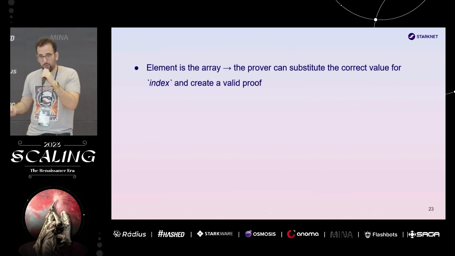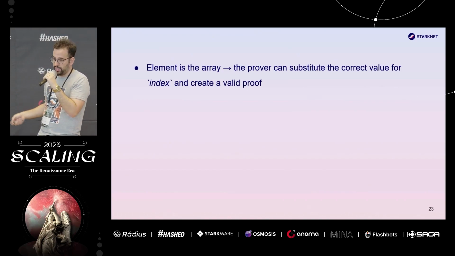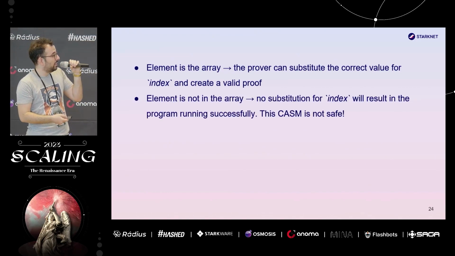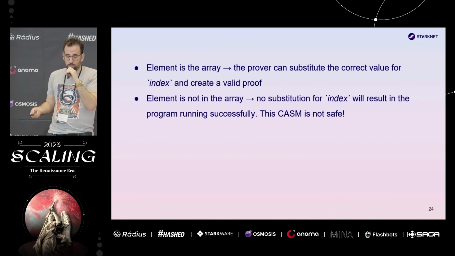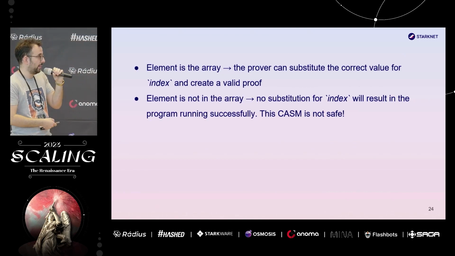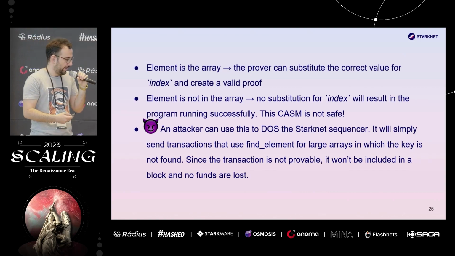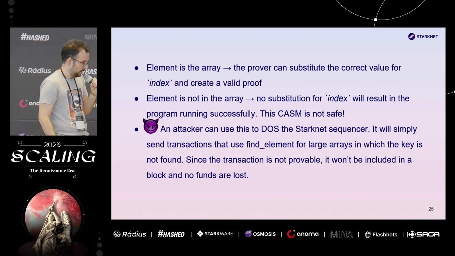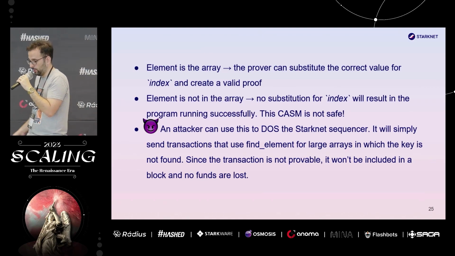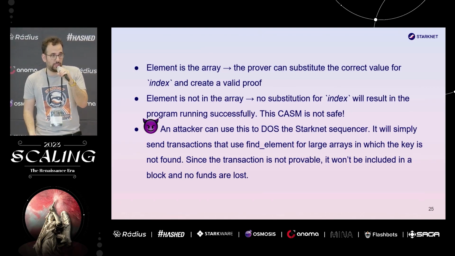So again, we had the happy flow: the element is there, the prover gives the right hint, we're happy. But in the unhappy flow, nothing I can do will cause this code to run successfully. And this introduces a very critical denial of service attack on the chain, which is actually pretty straightforward.